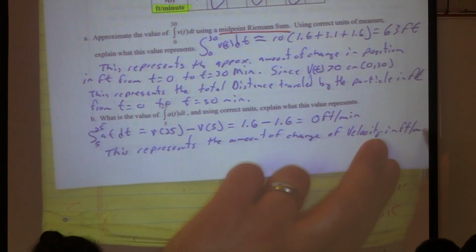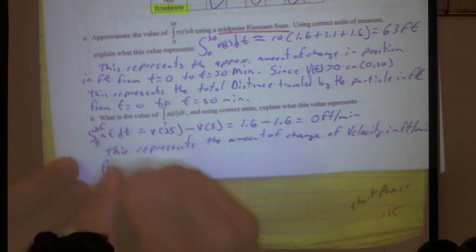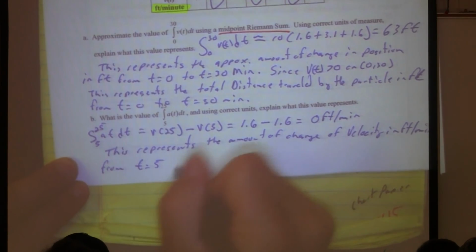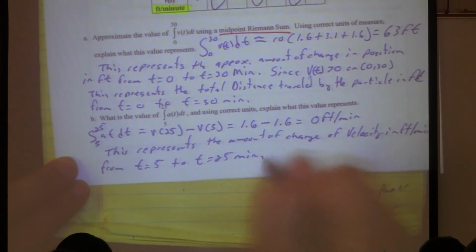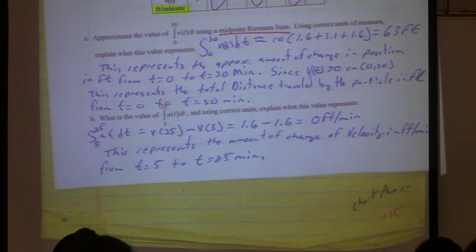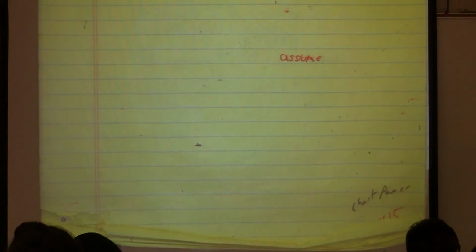Feet per minute from t equals 5 to t equals 25 minutes. Getting the hang of how to write the statements? Yes? I'm just training you to do it like this to make sure that you get the full credit. It's not necessarily that it has to be written exactly like this, but you have to say what I'm saying in this statement. You understand? Let's try this next one together and see what you got.